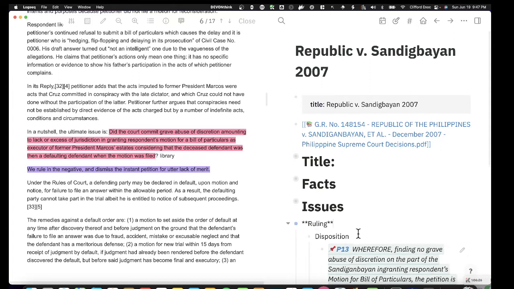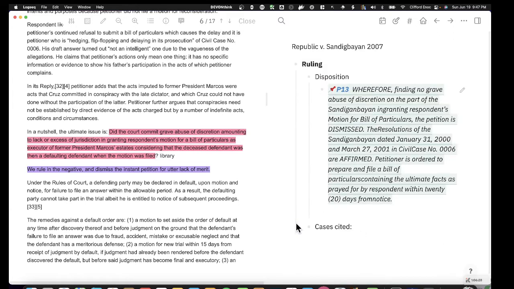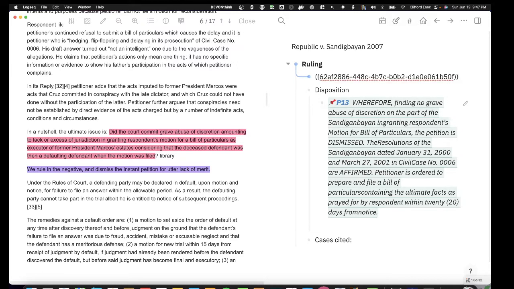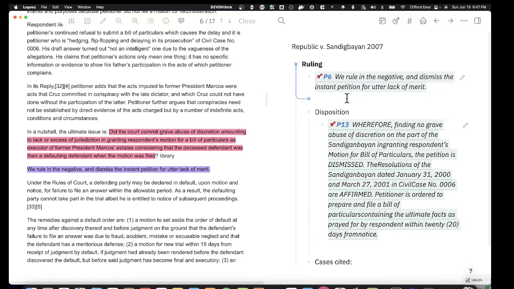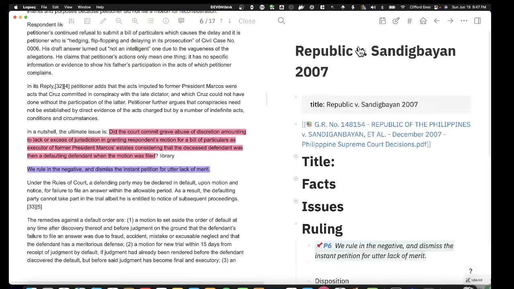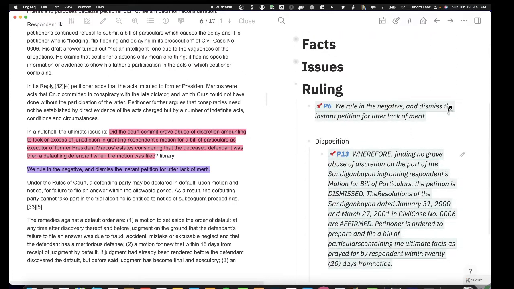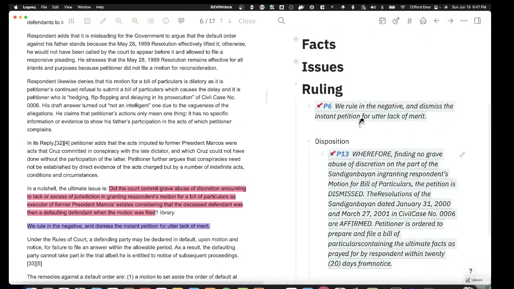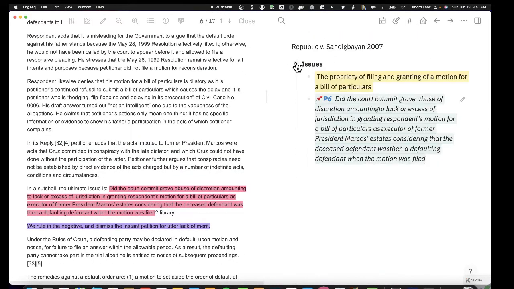Ito na yung ruling. Let's go to the ruling dito. And then I'm going to copy that reference and go back to the issues. The issue here is this one.